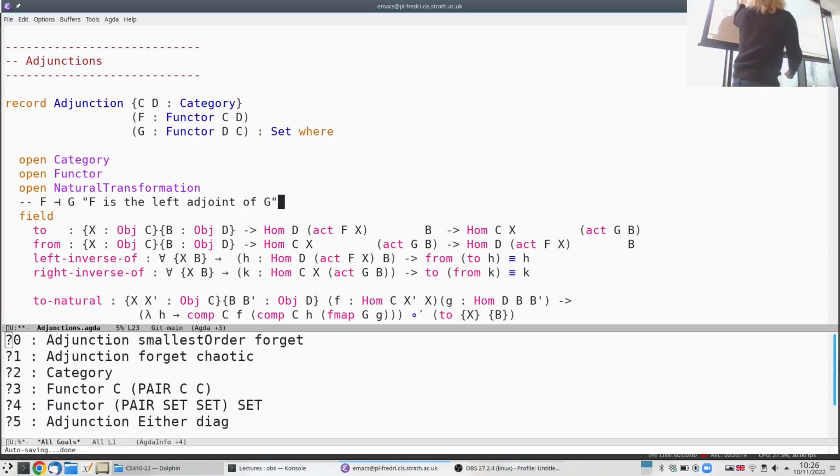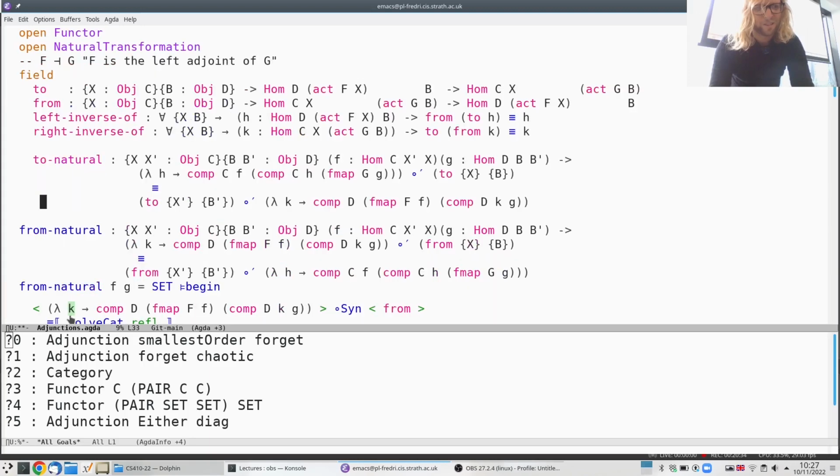Or if I first use the f map and then transform, right? So that's what the last field here says, that the to is natural, and because to and from are isomorphisms, that means that from is also going to be natural. You can prove that if you assume, and vice versa. But let's see if we can understand what this to natural is saying.